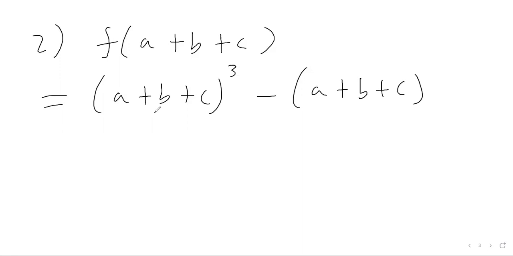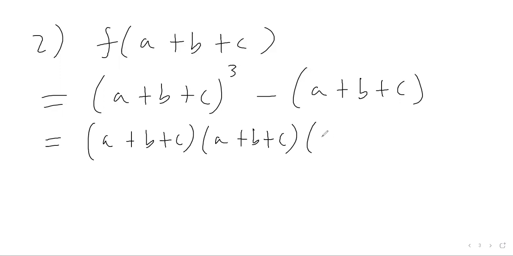Now I can't really be bothered to do the expanding brackets here because it's a bit tedious, but if you wanted to, you could do a plus b plus c multiplied by a plus b plus c multiplied by a plus b plus c, subtracting the a, the b, and the c.